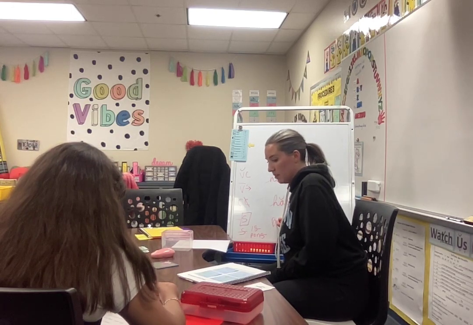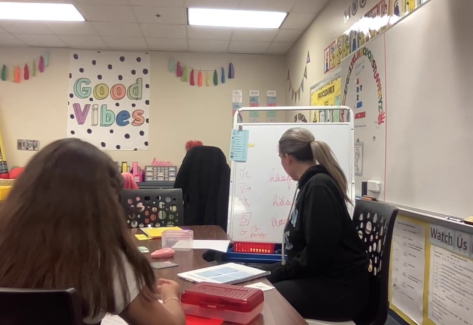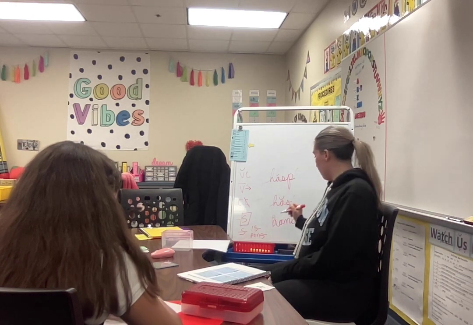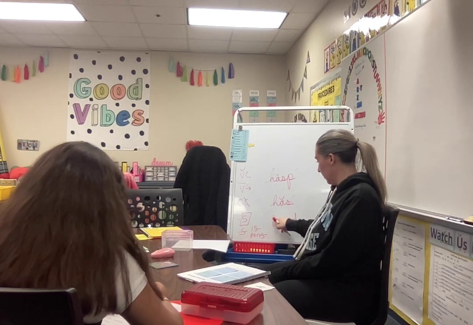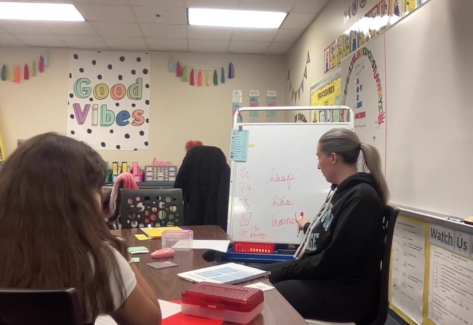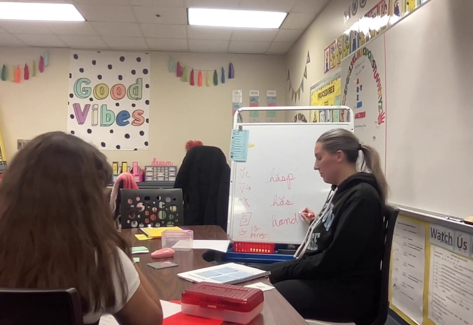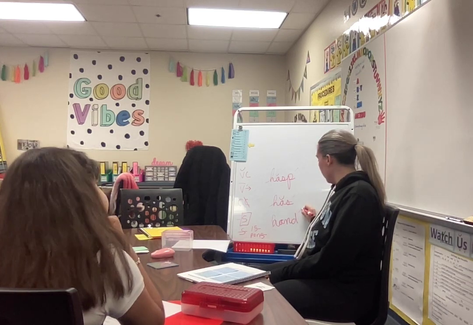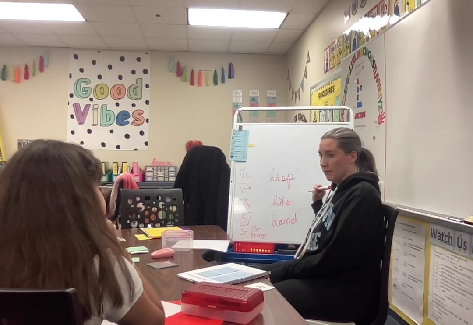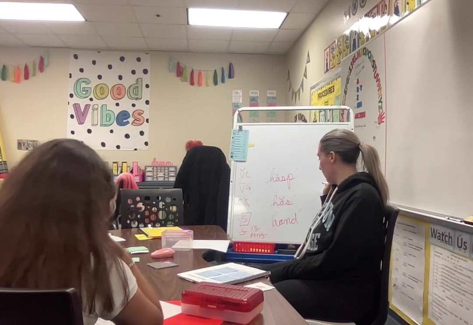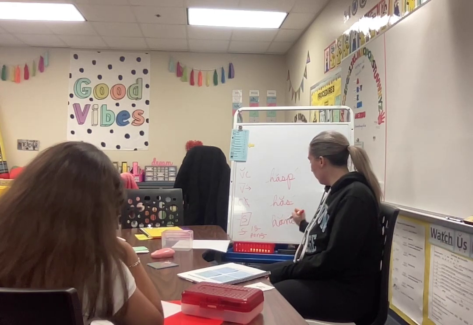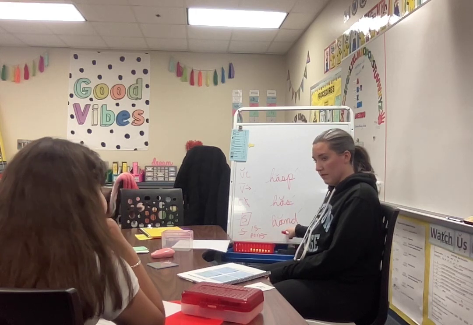Let's do the last one in that row together. H, A, N, D. Is this word open or closed? Closed. Is it accented? Yes. Is my vowel short or long? Short. Would it be macron or a breve? A breve. So what does this say?